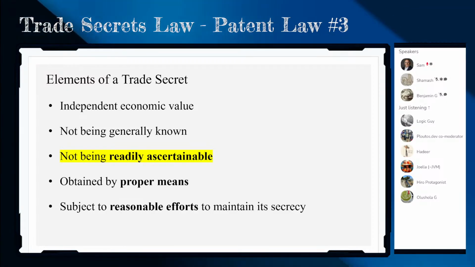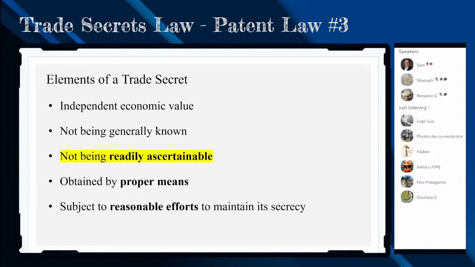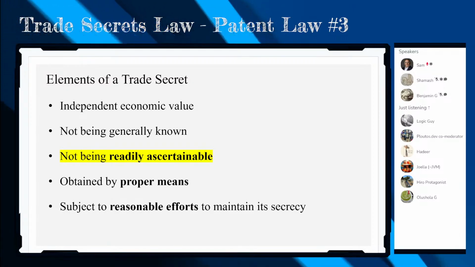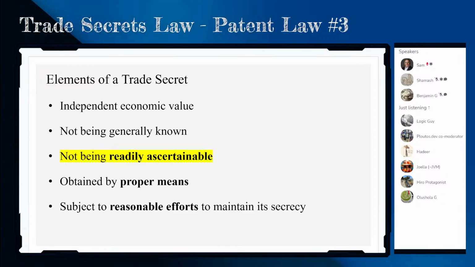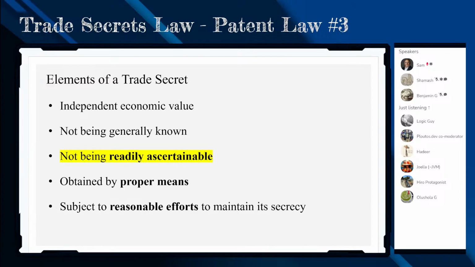And reasonable efforts. Every time you see the word reasonable, that's put in there specifically for litigation purposes. When the legislature drafts this law, they know they have to put vague terms in here and allow the courts to view this on a case by case basis and on the basis of justice.